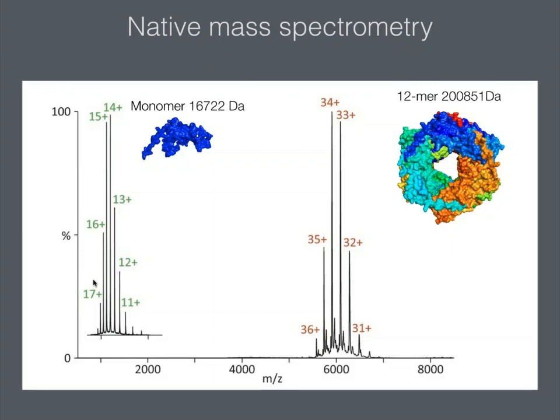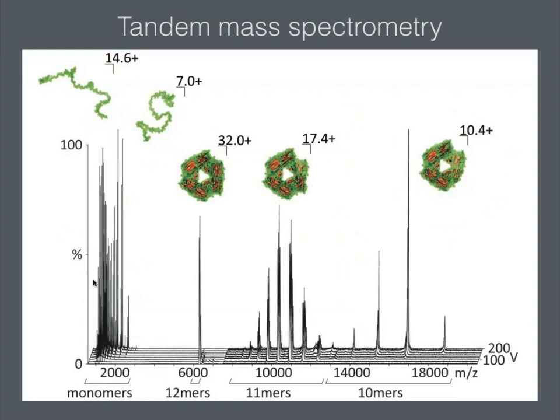Now, bear with me please, because I'd like you to be able to understand how we do the experiment so that the data that comes doesn't seem hard to follow. What we can do is select a particular charge state, such as this one here, and then submit it to activating collisions in the gas phase.